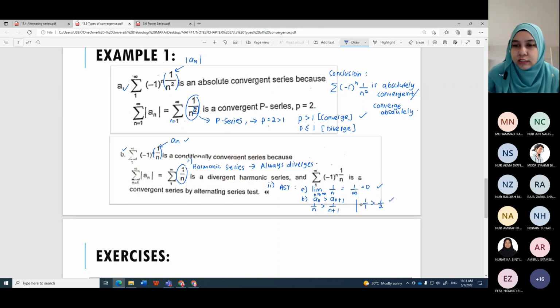So ni proof lah, 1 is greater than 1/2. So it is converge. Kita buat conclusion kat sini. Therefore, conclusion yang overall kena mention: this series is conditionally converge.